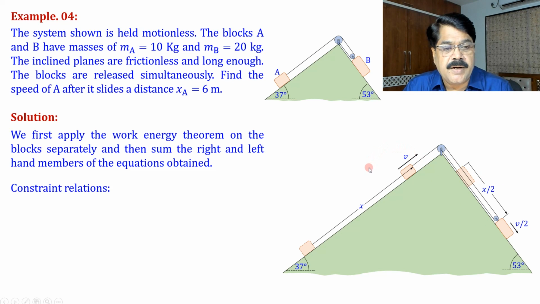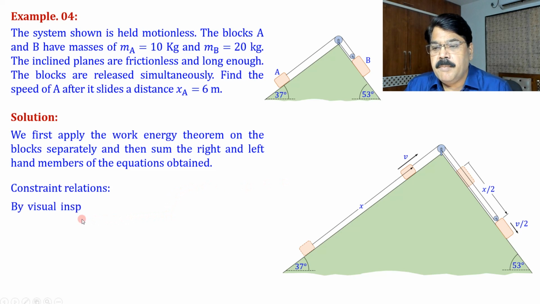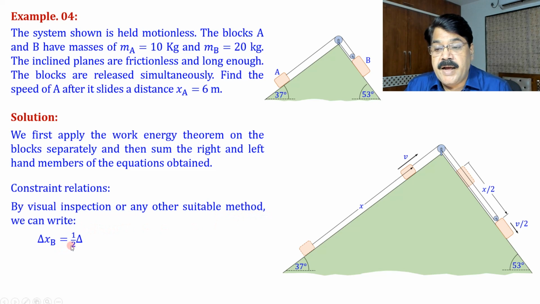So this constraint relation we can write visually very easily. Otherwise, you can use any other method we discussed earlier. By visual inspection or any other suitable method, we can write delta xB equal to half of delta xA. That is, the displacement of block B will be half of the displacement of block A.